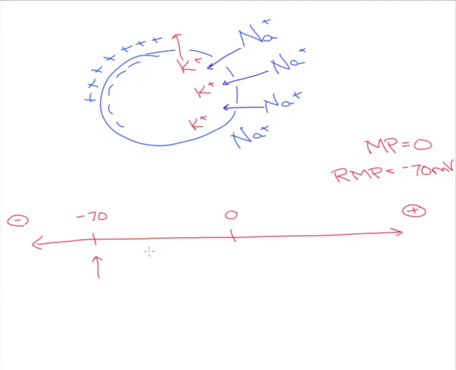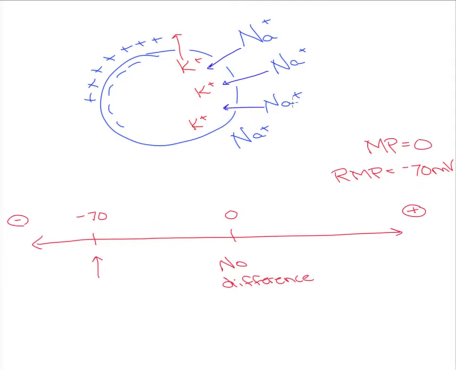This is 0. So 0 is where there's no difference between the inside and the outside. And we clearly don't have that situation here because I've already told you the inside is more negative and the outside is more positive. And the difference between them at rest is negative 70 millivolts.